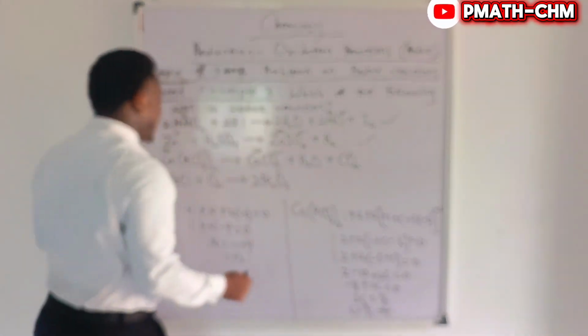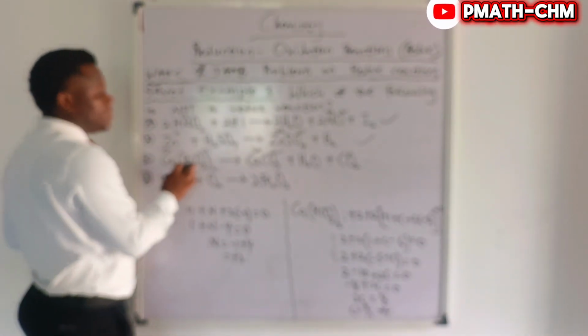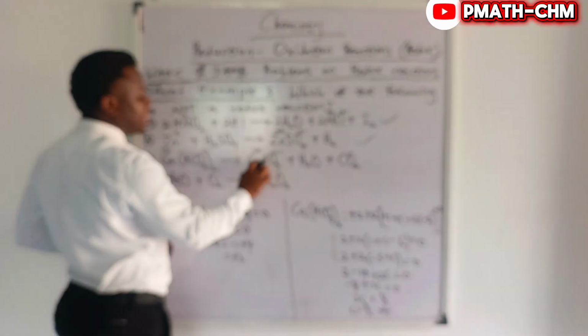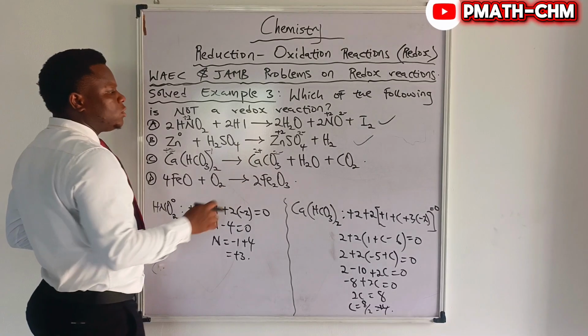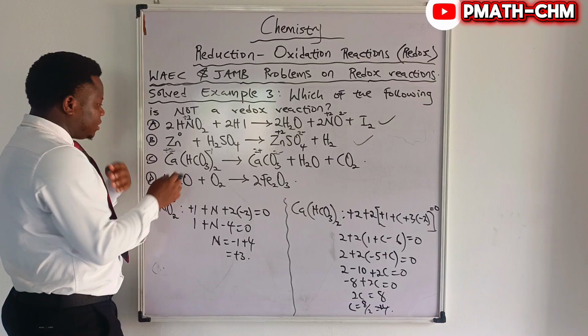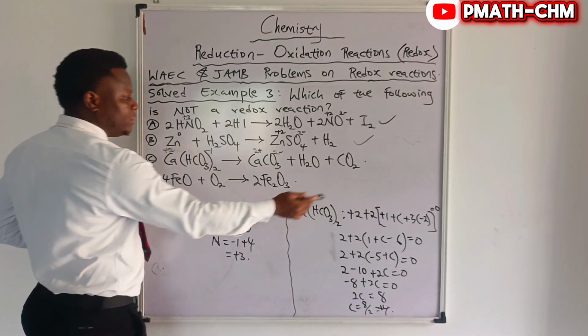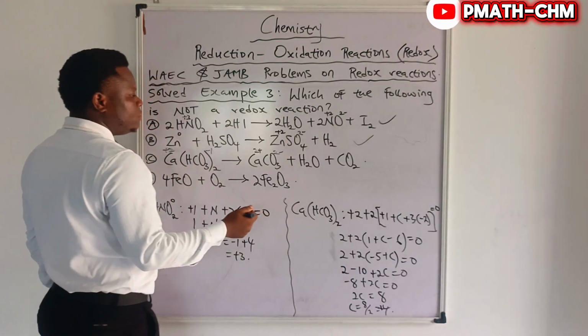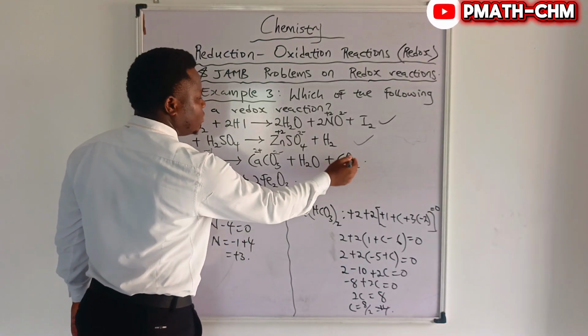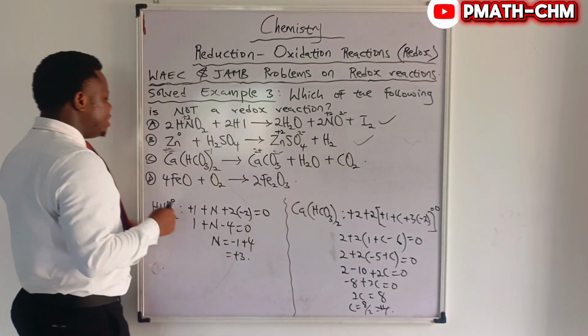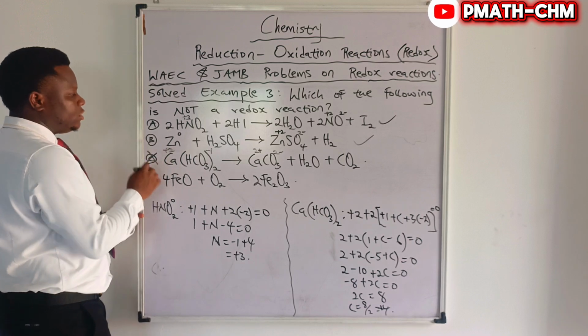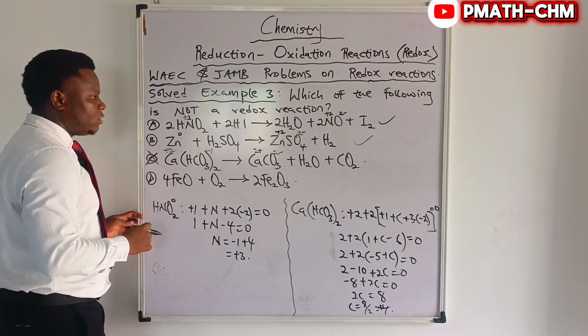So the oxidation state of carbon here is plus 4. If you perform the same calculation and find the oxidation state of carbon here, you also get plus 4. Of course, hydrogen is plus 1 here. Oxygen is minus 2 over here. Oxygen is also minus 2. This is carbon(IV) oxide, CO2. So carbon is also plus 4 here. So this clearly is not a redox reaction. That becomes the answer to your problem.